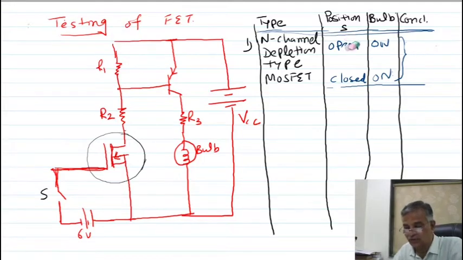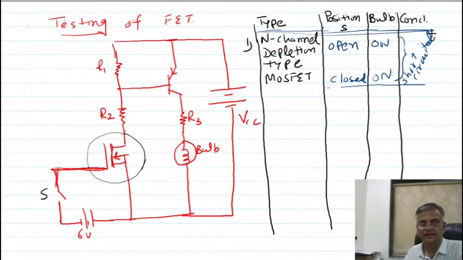When switch is open and switch is closed, both the times bulb will be on, means this is short circuited. So you can say this is nothing but short circuited. Remember this.